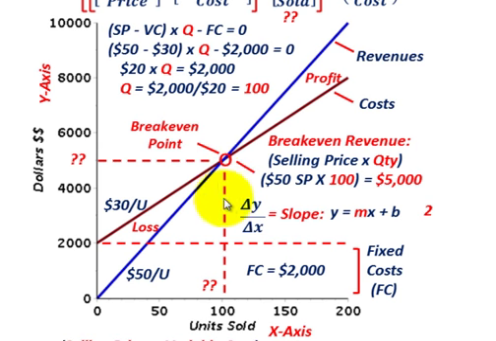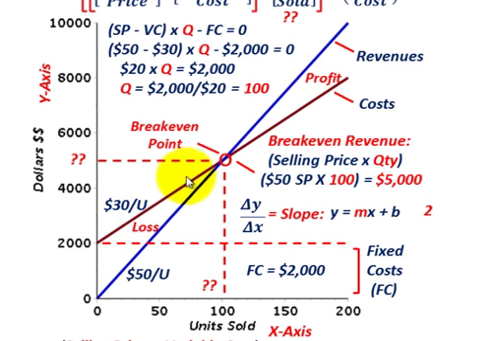Okay, so the second means, we'll just look at it in terms of these line equations that we have. There's a linear equation because these are straight lines. We're going to have an equation for our revenue line and an equation for our cost line. And that's where we look at the slope. For revenue, we have to determine the slope of our revenue line, and that happens to be $50 that we talked about here.